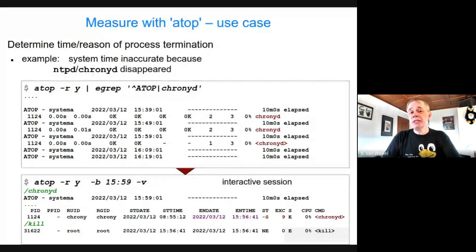So what we do is we say atop -r y, which means show me everything from yesterday. And then we grep for atop, which is the header line in the output that has the timestamp. And we also egrep for chronyd, which is the thing that we use for time syncing. And we get all these lines.